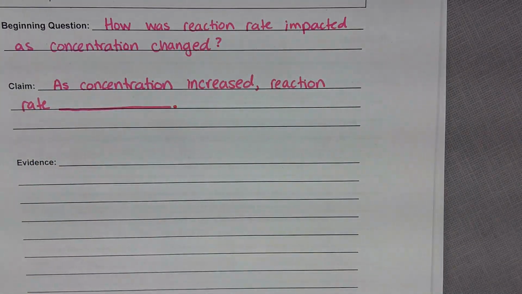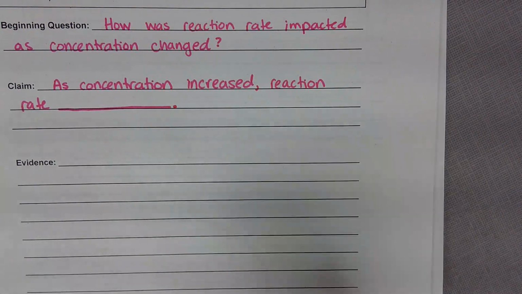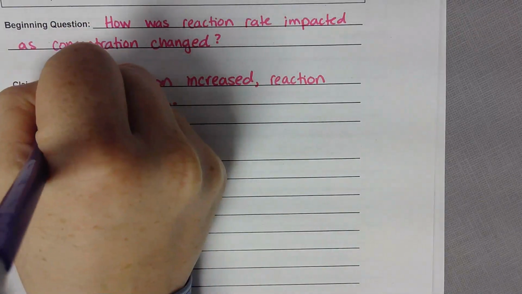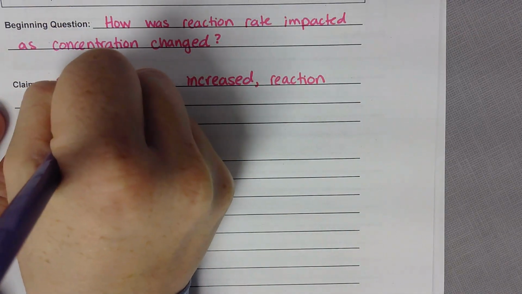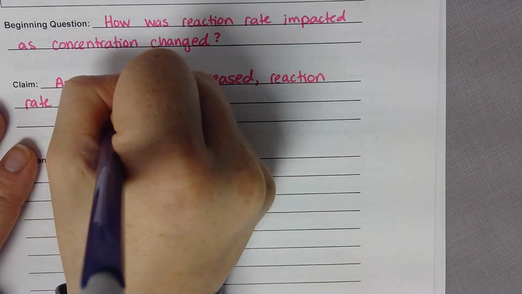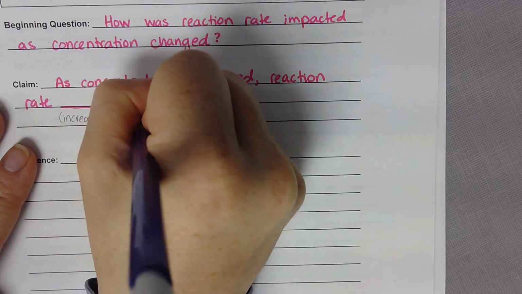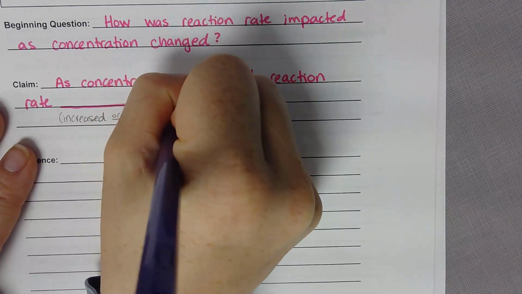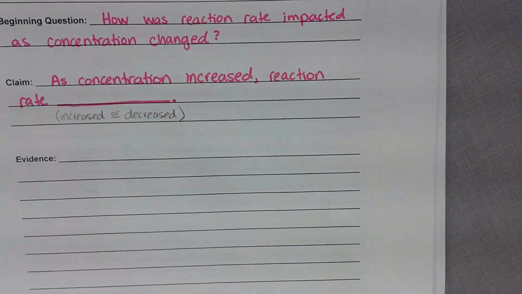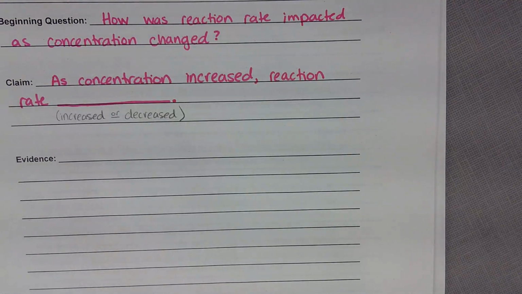And I want you to fill that in given your data. And your answer here is either going to be increased or decreased. So based on what you saw, you need to select the correct term. So if you'd like to pause the video and fill that in, you may go ahead and do so.